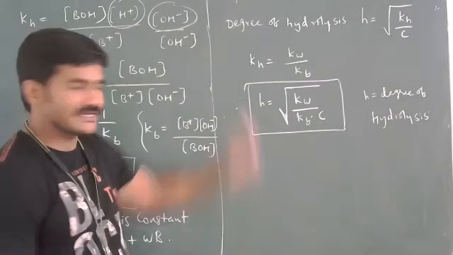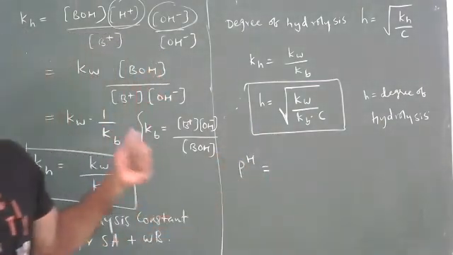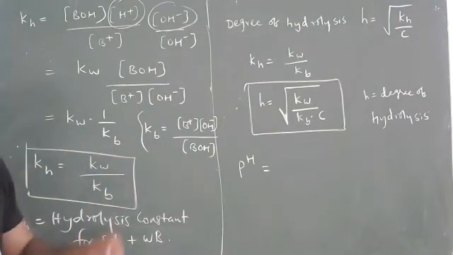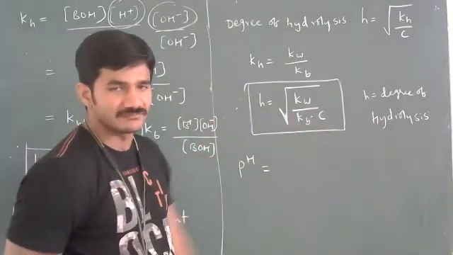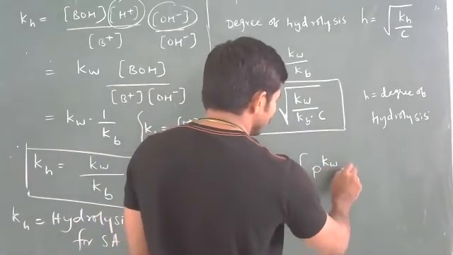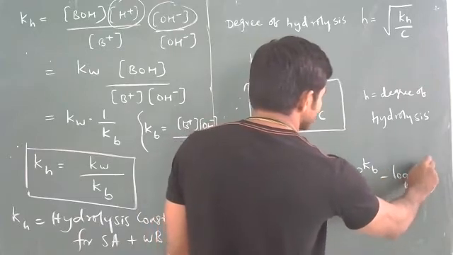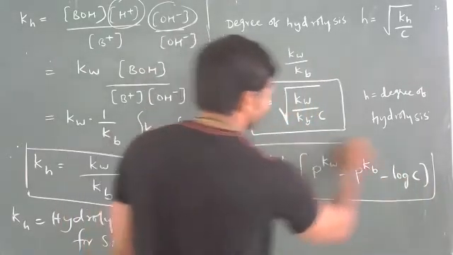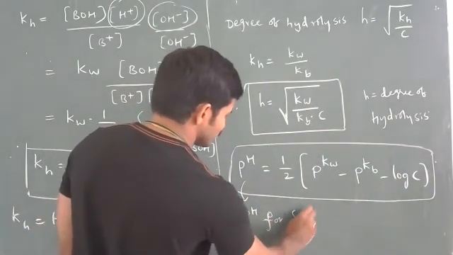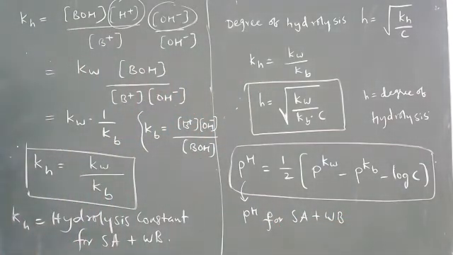Before, for the pH formula, we got pH is equal to 1 by 2 into pKw plus pKa plus log C. There we got all positive; here we'll get negative. We have to remember this formula: 1 by 2 into pKw minus pKb minus log C. This is the pH for strong acid with weak base. Clear?